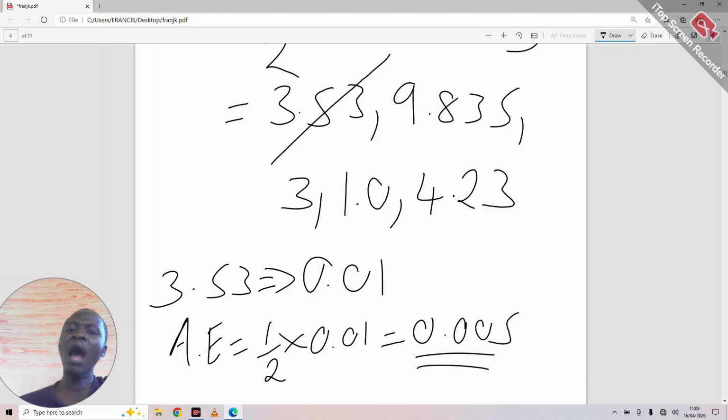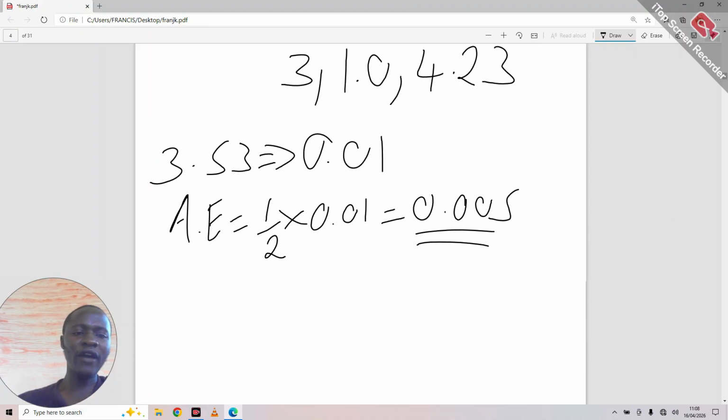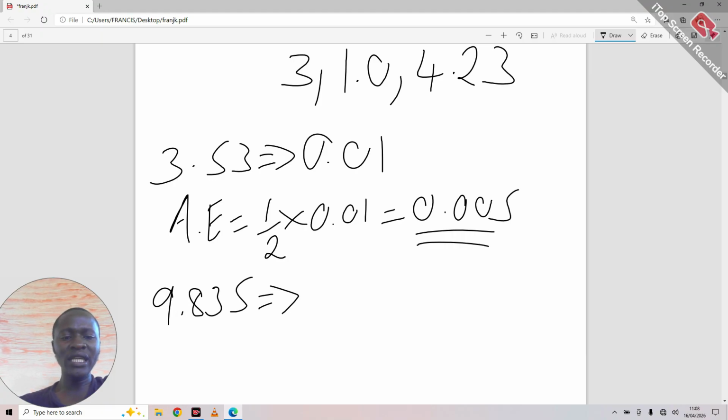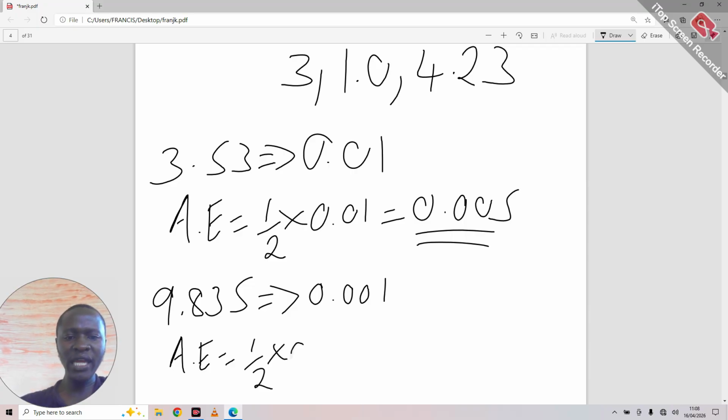That one is done. How about 9.835? We've seen that 9.835 has an accuracy of 0.001. That means the absolute error in 9.835 is a half multiplied by 0.001.